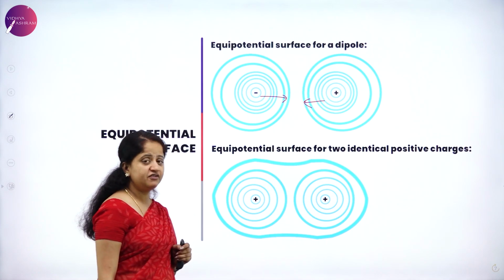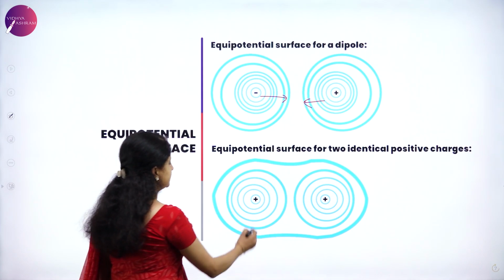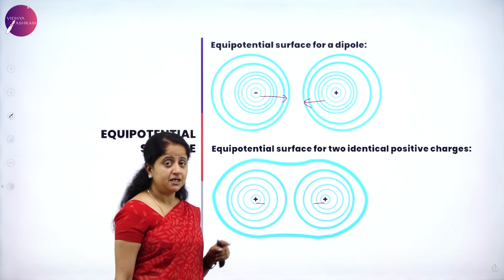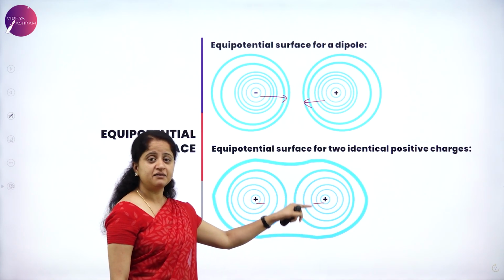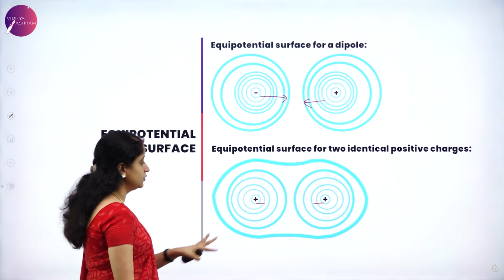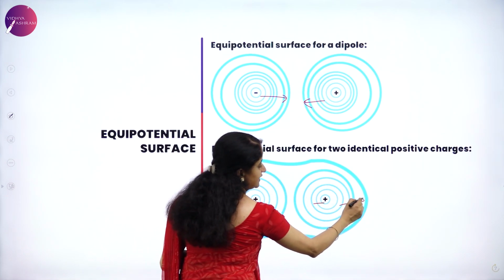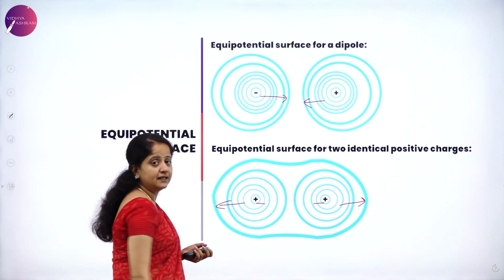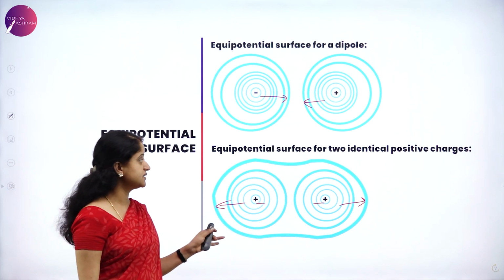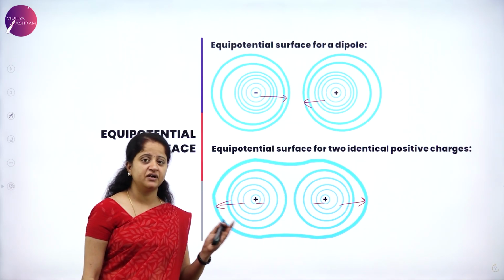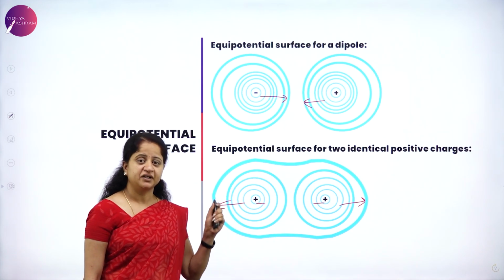Now consider the equipotential surface for two identical charges, plus and plus. There must be a force of repulsion between these two and they go away from each other, and hence the intensity in this direction will be more and here it is less. So this is how you have to represent the equipotential surfaces for various types of charges diagrammatically.